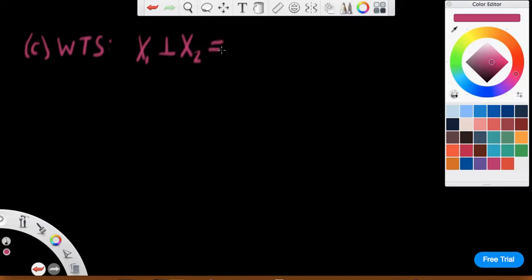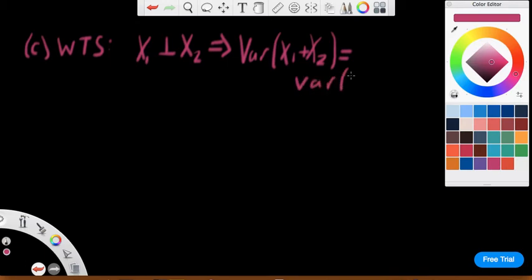So that implies that the variance of x1 plus x2, sorry for the sloppy handwriting here, is equal to the variance of x1 plus the variance of x2.